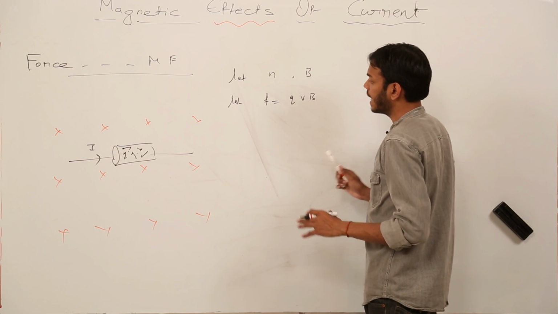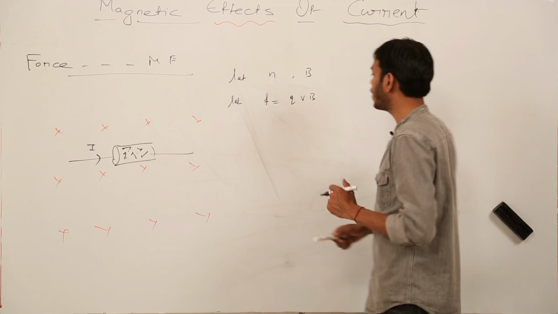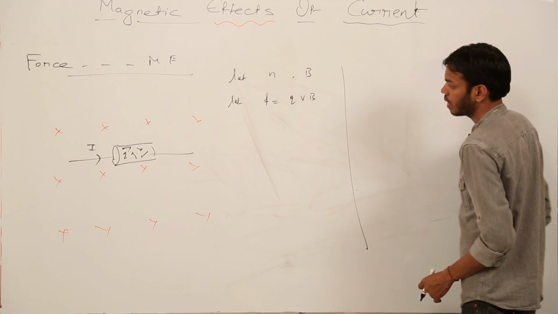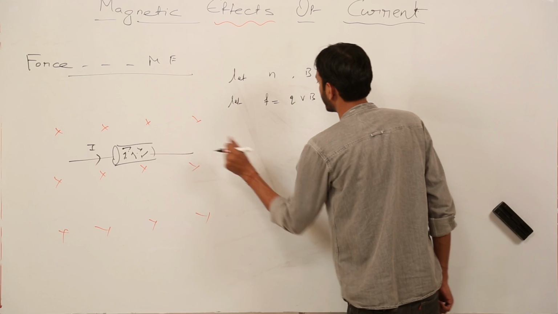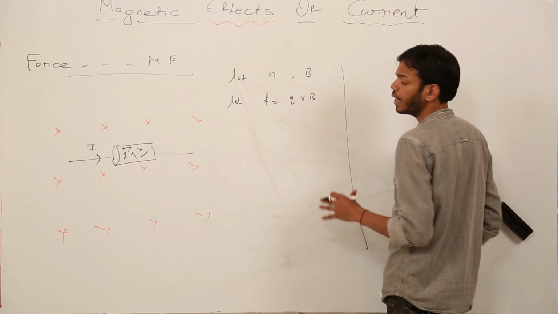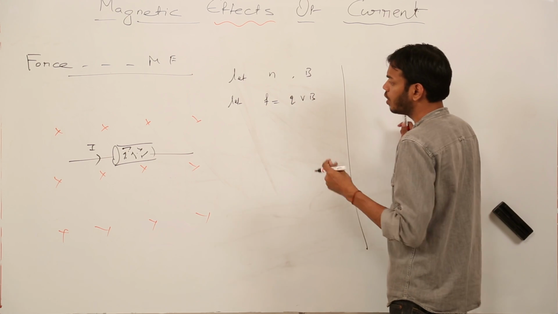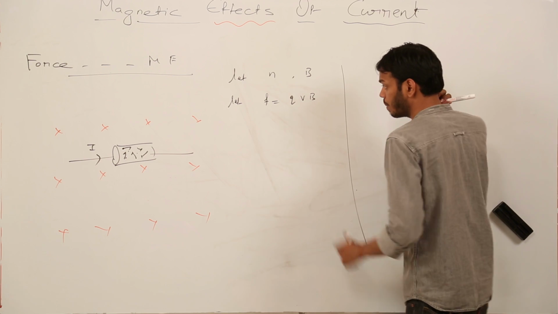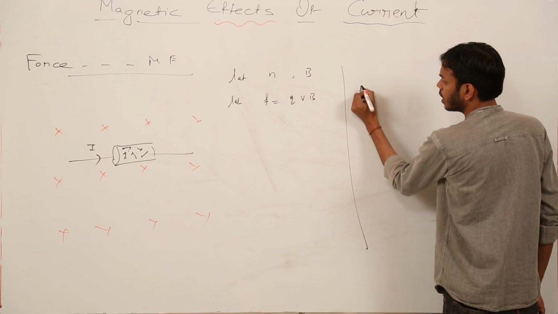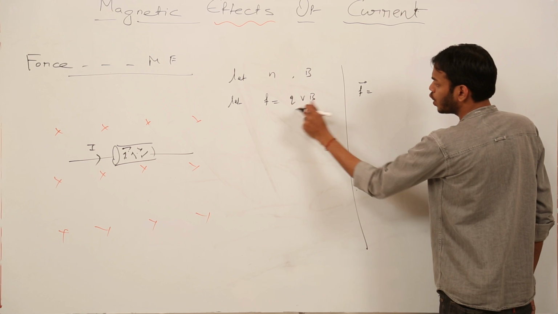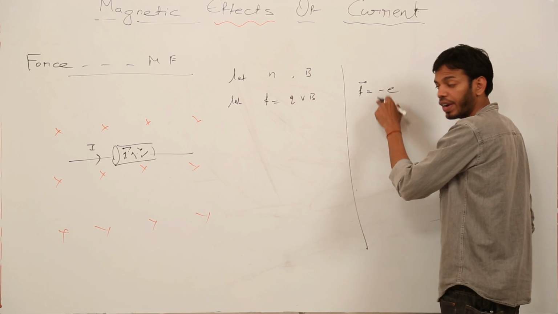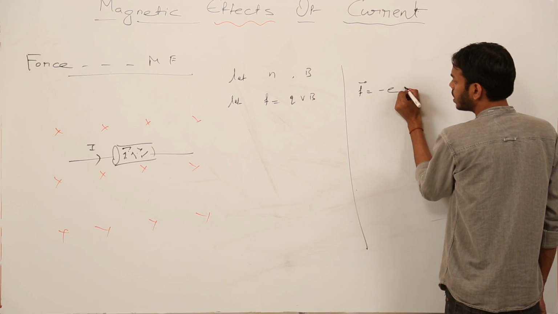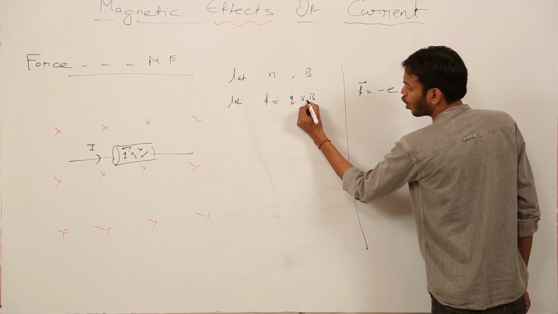Guys, I can do this same expression in two different ways, in scalar and vector format. So see, I am using the scalar. You can do any one in your paper and you will still get full marks, but I would like to explain both. Instead of Q, I would be writing minus e because we are in vector form. Q becomes minus e, V, which velocity are we talking about?